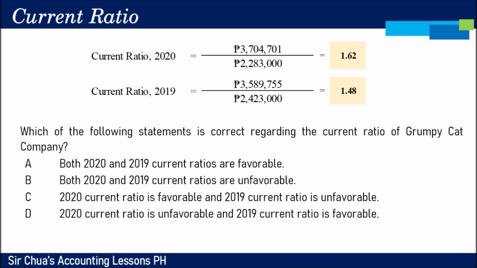B. Both 2020 and 2019 current ratios are unfavorable. C. 2020 current ratio is favorable and 2019 current ratio is unfavorable. Or D. 2020 current ratio is unfavorable and 2019 current ratio is favorable. Okay, pause the video if you need more time for analysis.